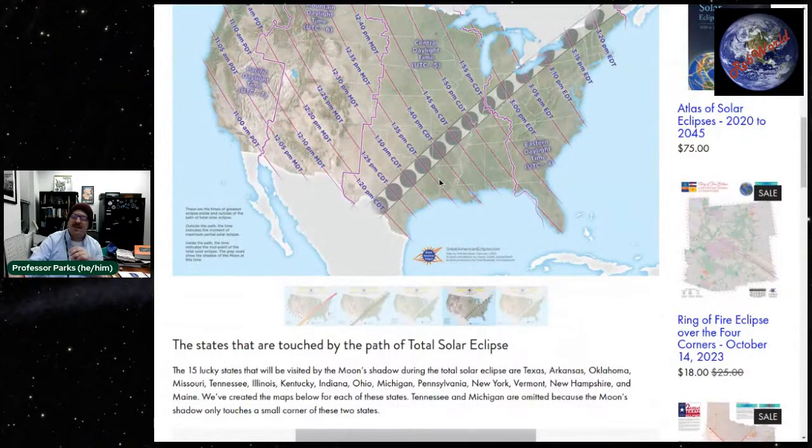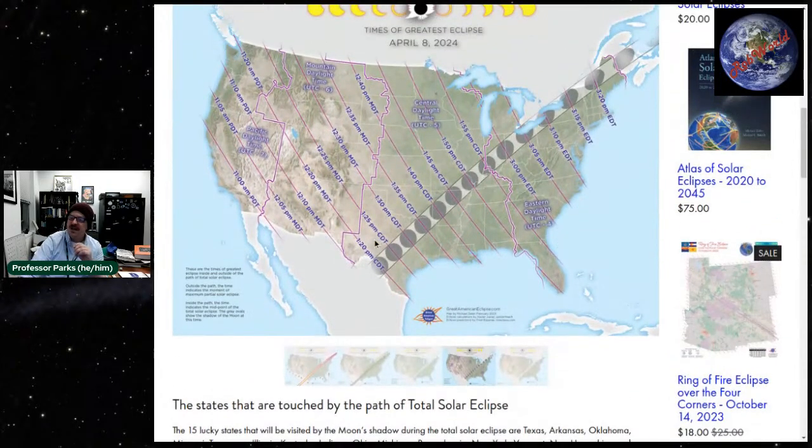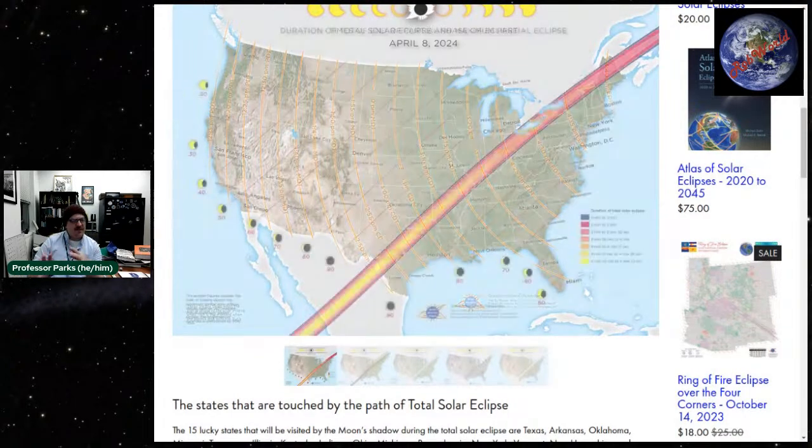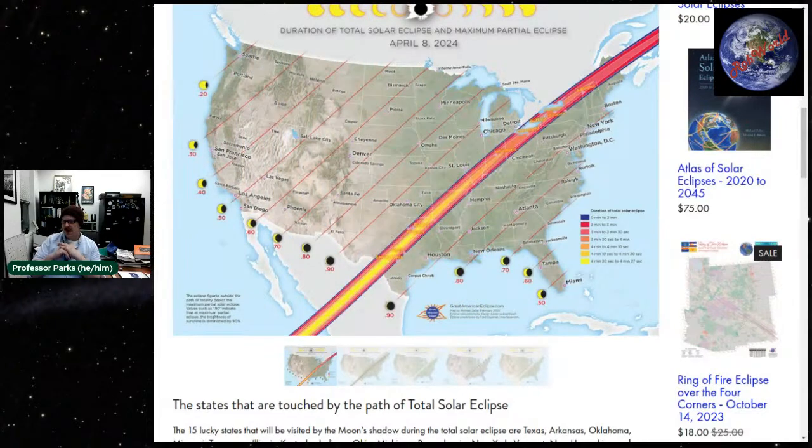So before I get into the exciting bit, here again is the total solar eclipse that's going to happen on the 8th of April. You can see that this is the path of totality. And very much like I was saying before, if you're near the center of the path of totality, you're going to have roughly 4.5 minutes of complete darkness.